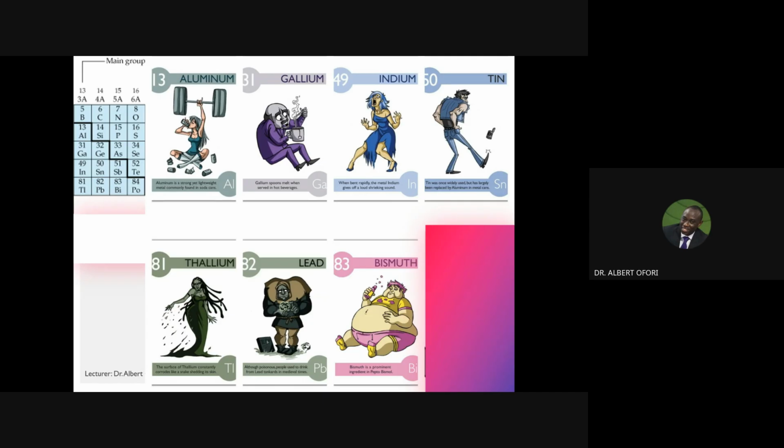Well, bismuth is quite useful. If you talk of the colors we see in the makeup ladies use, there's bismuth there, giving us these purple colors and those things. Then we have the bismuth medicine, bismuth subsalicylate, or Pepto-Bismol, the so-called pink medicine.